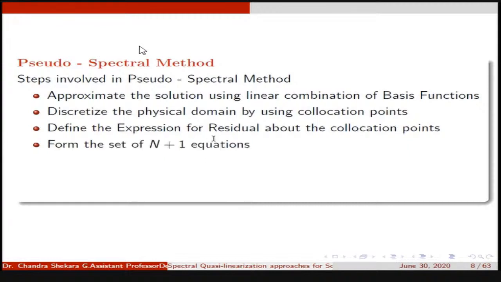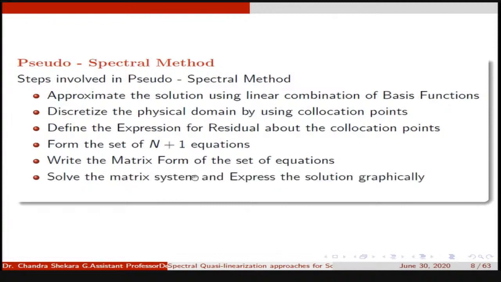Then you form this set of all n plus 1 equations. Then you write this set of equations in matrix form. Then solve this matrix system and express the solution graphically. And then we can do all the post processing formalities of this solution.